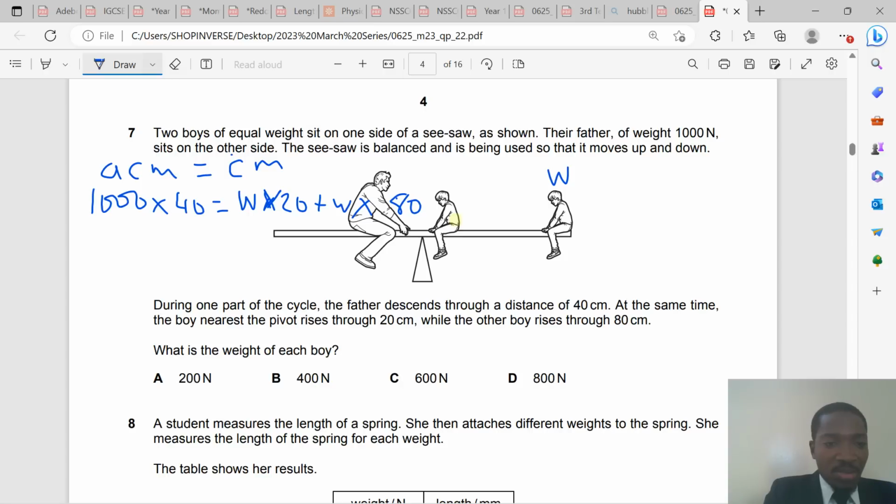Now let's solve. 1000 multiplied by 40 will give us 40,000. 40,000 must be equal to W times 20, which gives 20W, plus W times 80, which gives 80W.